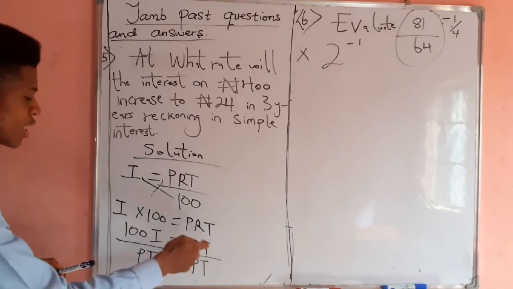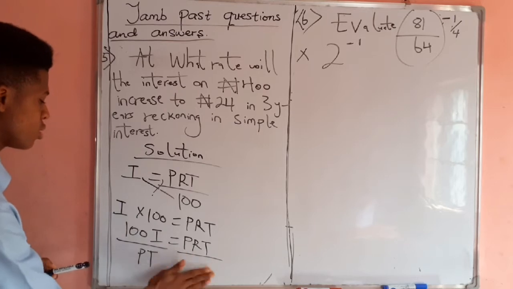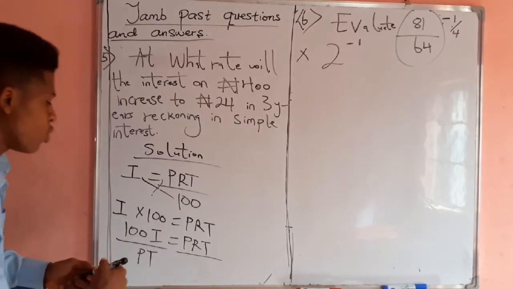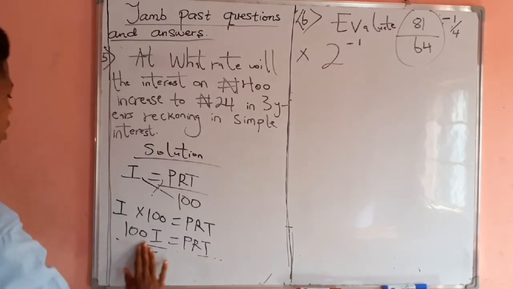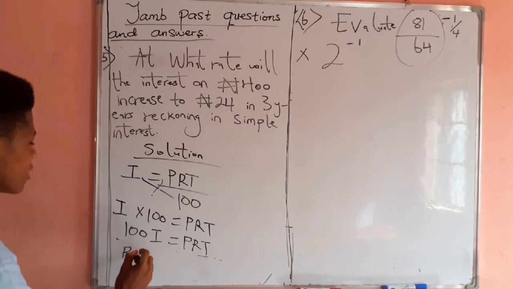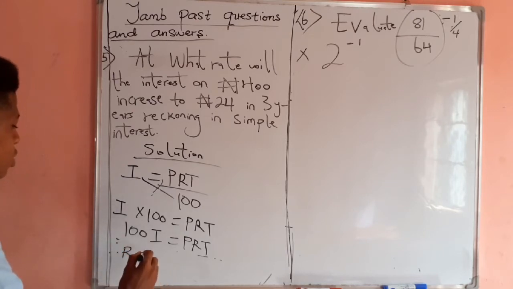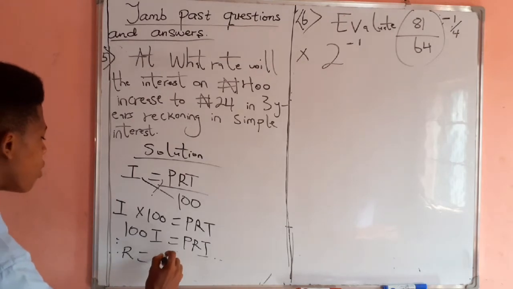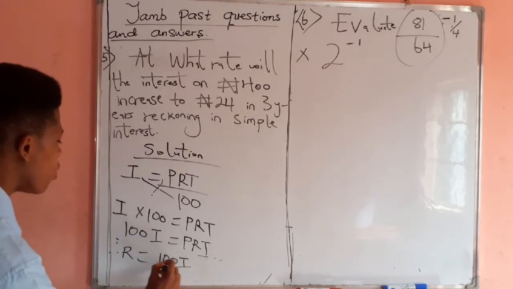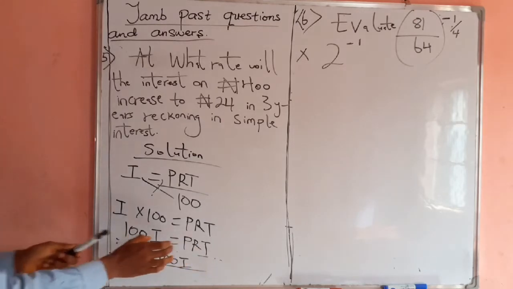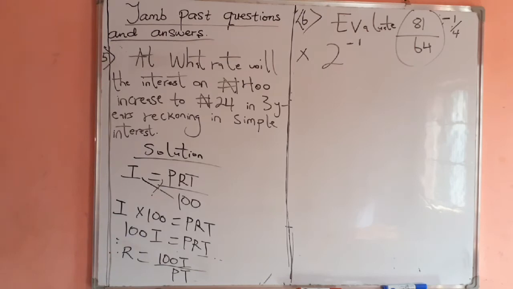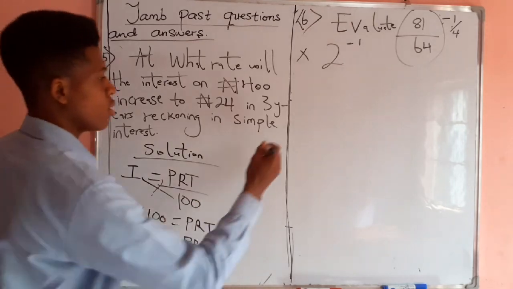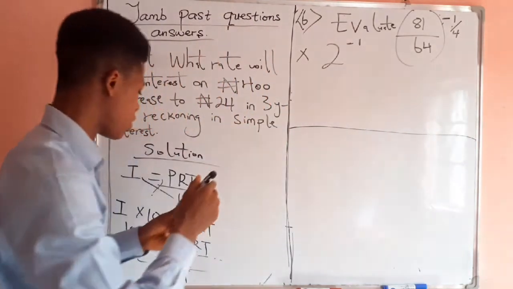PT cancels PT, and we're left with R. Therefore R equals 100 I over PT. PT comes over here, I remains below. So we have succeeded in making R the subject of the formula. Okay, we come over to this question.